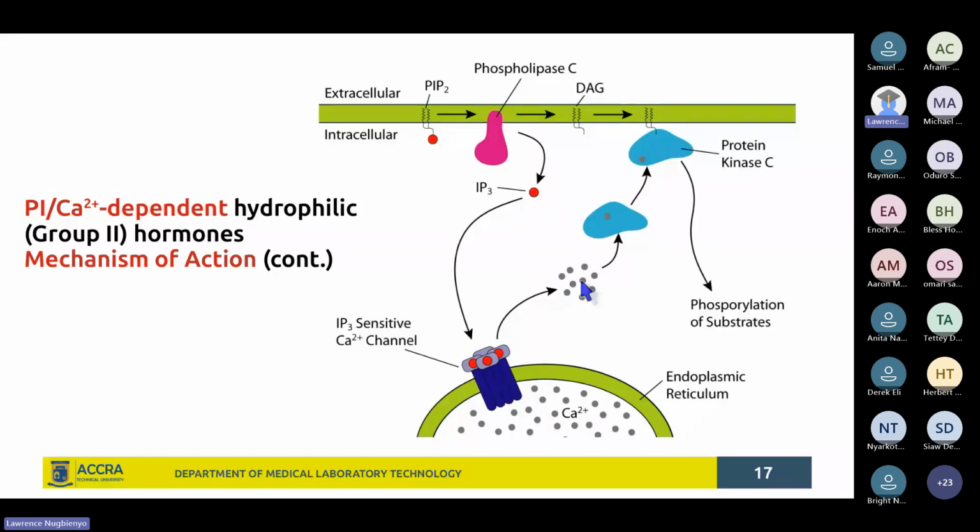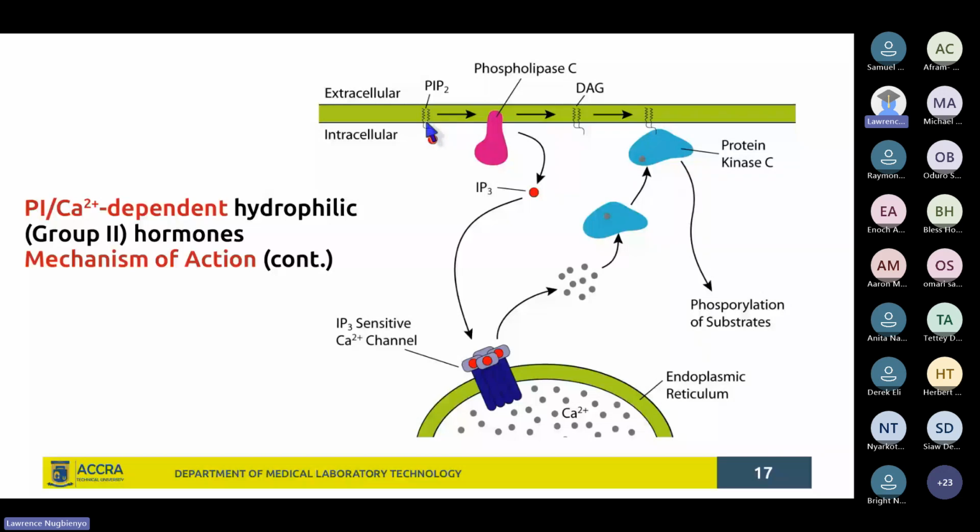And these calcium ions serve as cofactors. So the calcium ion binds onto the apoprotein of the protein kinase C that goes back to bind to the diacylglycerol.